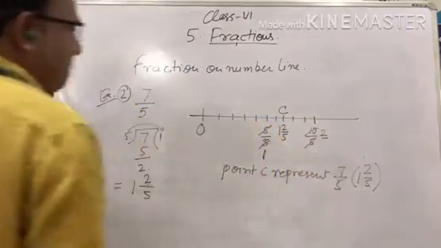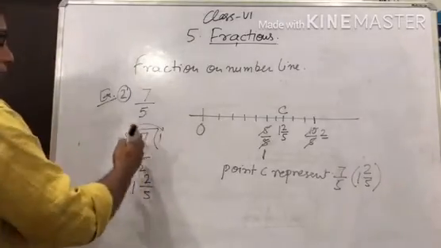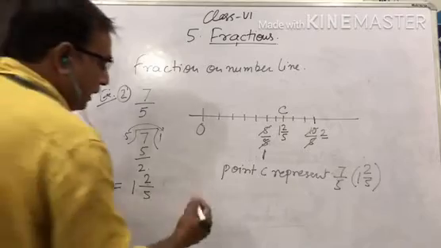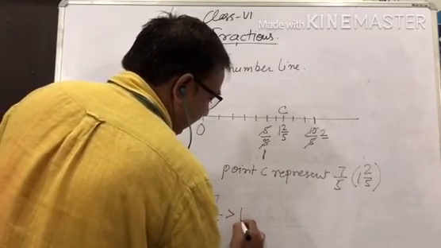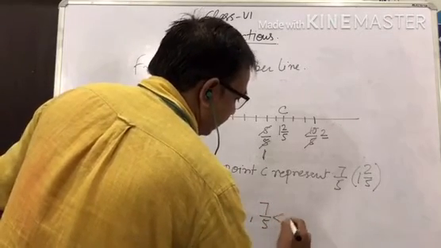So this fraction, there is one more question. 7 upon 5 is greater than 1, but 7 upon 5 is less than 2.